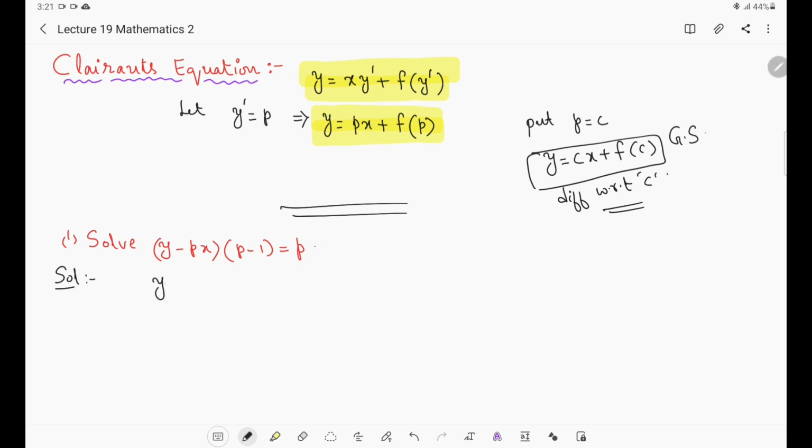For reducing this to Clairaut's form, y minus px equals p by p minus 1. Further, if you take this px to the right hand side, y equals px plus p by p minus 1, which is Clairaut's equation.